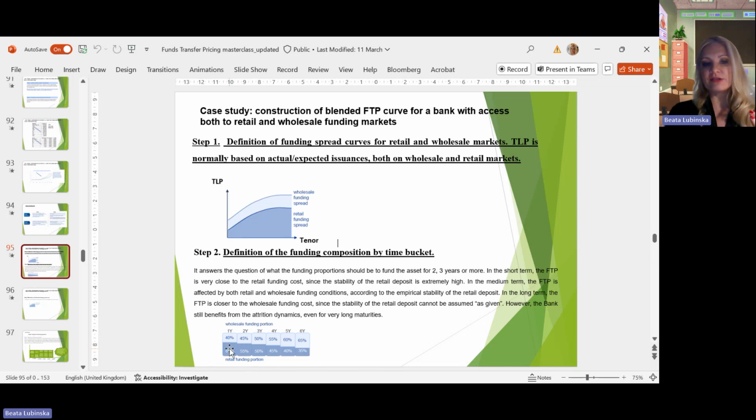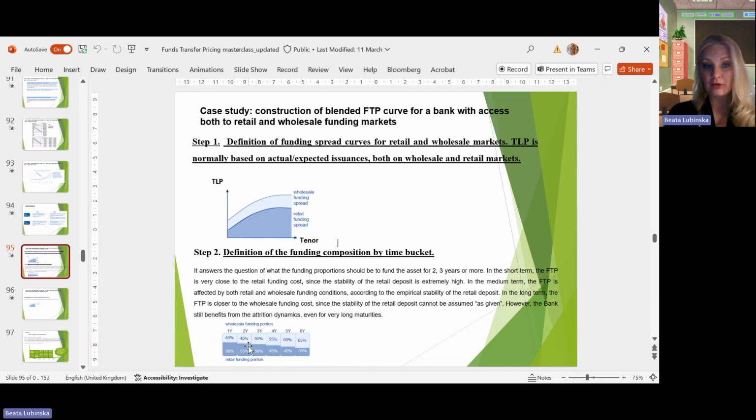So basically it answers the question, how do I fund an asset with 1 year tenor? For 1 year, if I lend money for 1 year, I will be funding this through 60% retail funding and 40% wholesale funding.